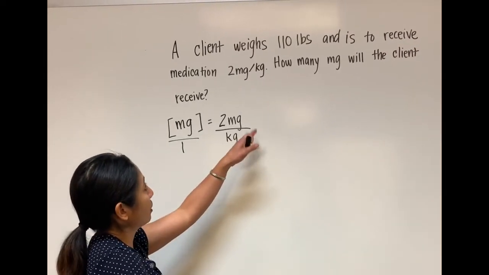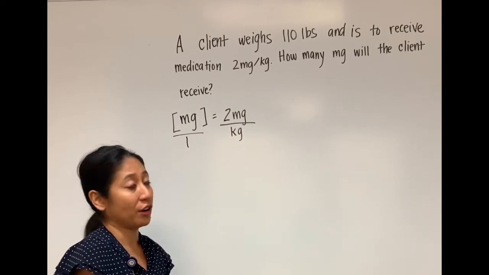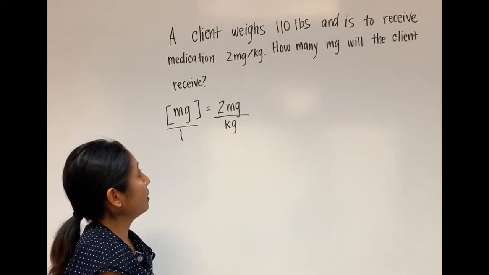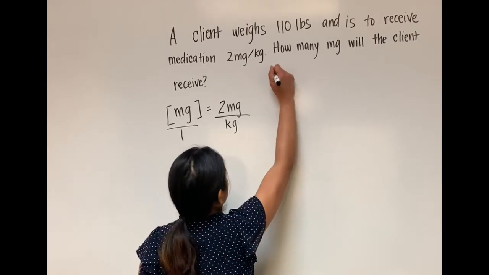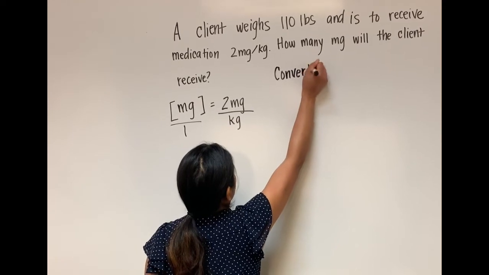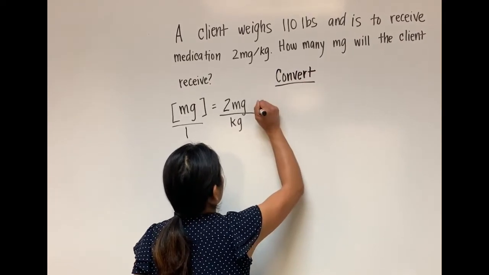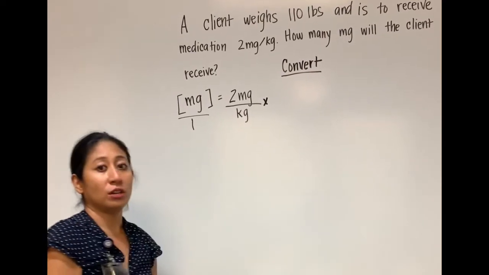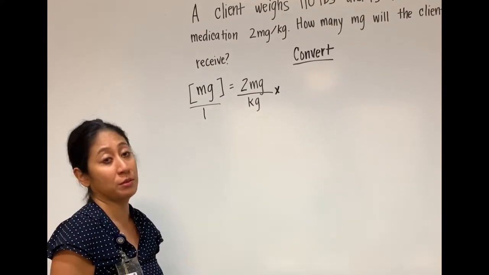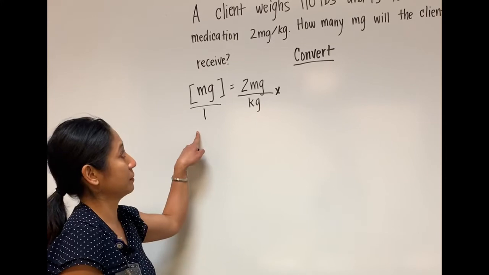The next thing here is we do not have anything in there that has kilograms. So, that being said, we have to convert. Remember that a unit over itself is equal to 1, and we are trying to get rid of kilograms here because it does not equal 1.